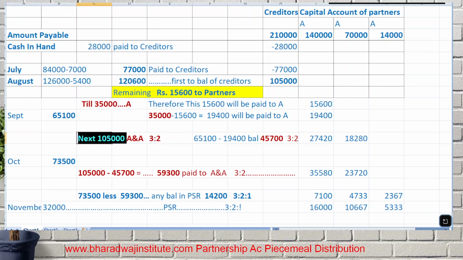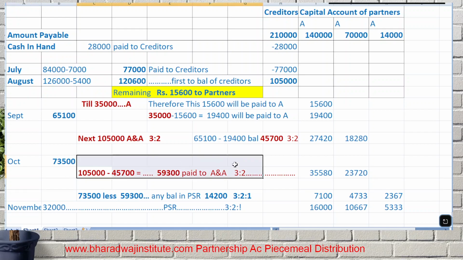Next 1,05,000, upon which the 45,700 is paid to A and B. Any balance after 1,05,000 is shared in which ratio? Profit sharing ratio.